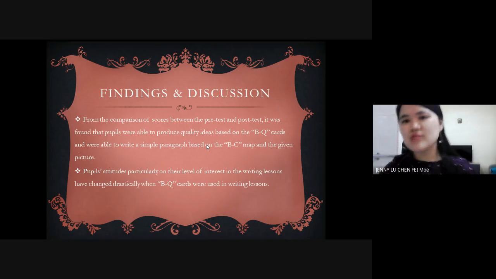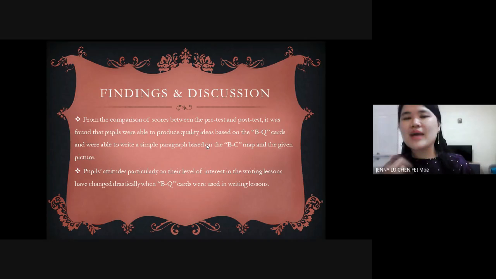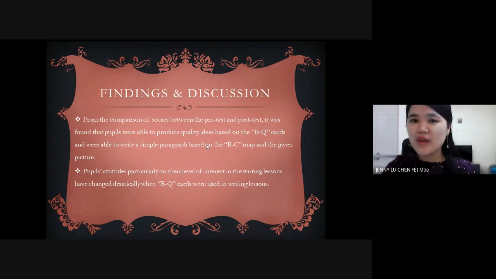But after several sessions using BQ cards in their pre-writing stage, pupils were very comfortable with the use of BQ cards, and they were able to give the intended response correctly, and their ideas were really, really good. They were of very high quality, and the essays that they created were essays that we would never be able to find if they were continuously restricted by the given words in Section C.